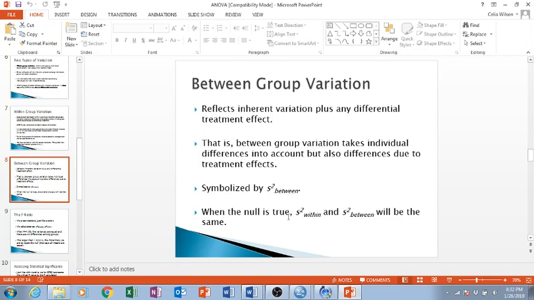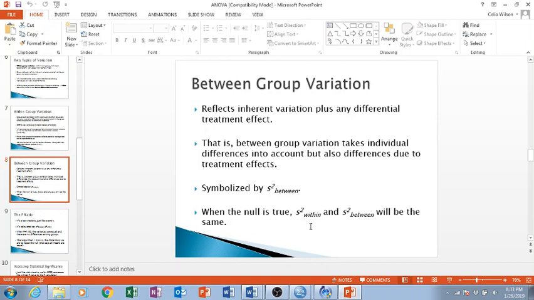When the null is true, the amount of variance within and the amount of variance between will be the same. All right, so if you think about it, the null says there are no differences between or among my groups, right? Whatever the situation, the null is always the same. The null always says there are no differences. And in this case, in an ANOVA, it's saying there are no differences between my groups, right?